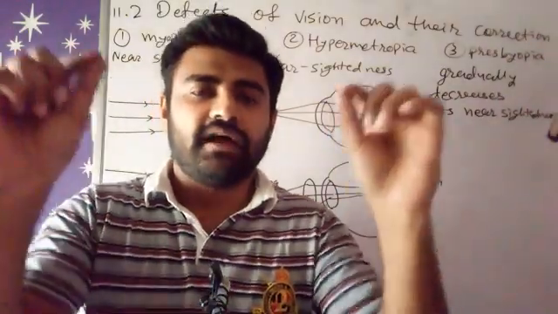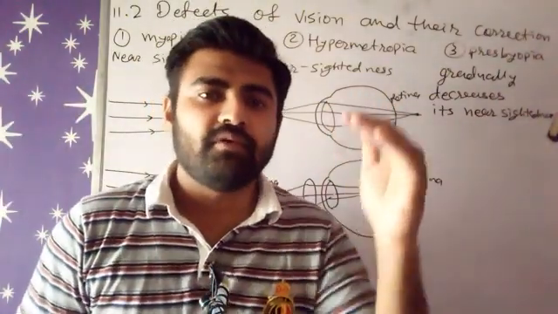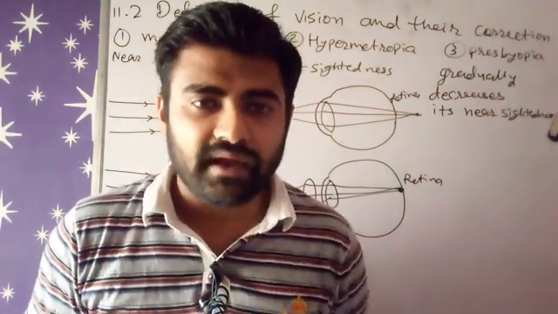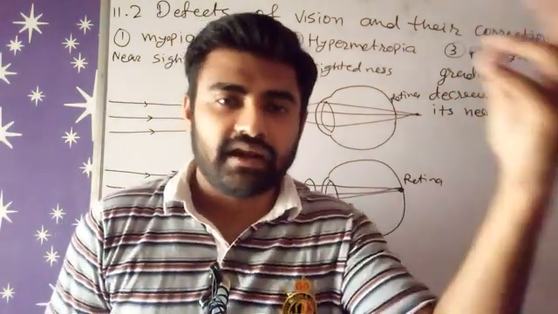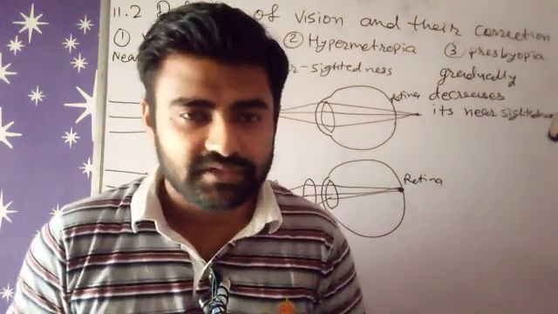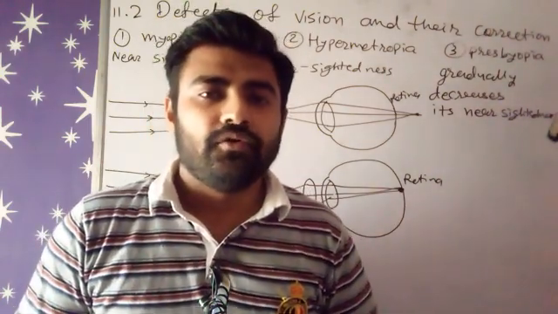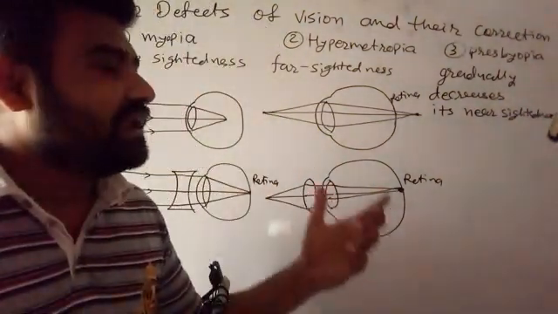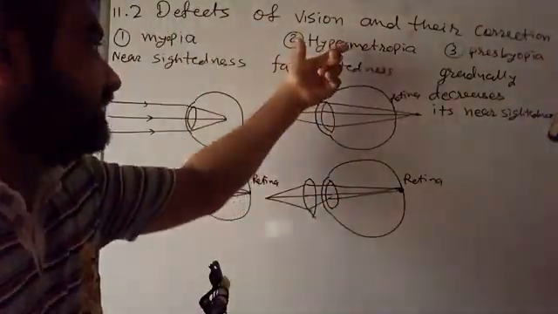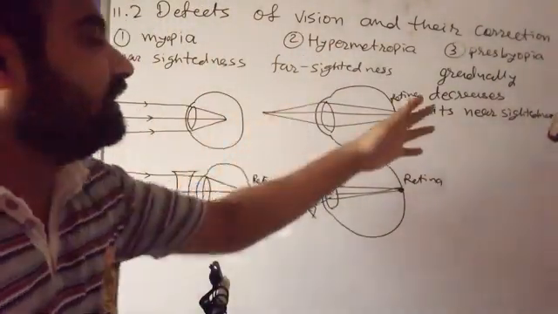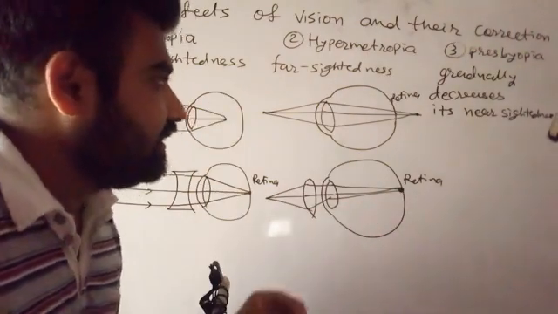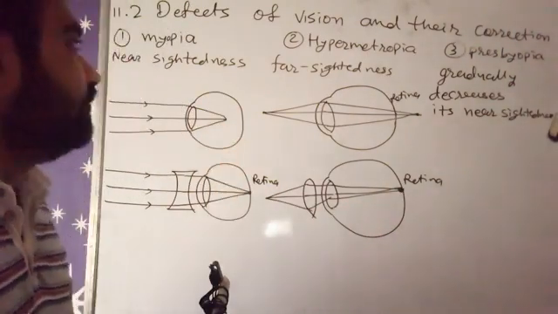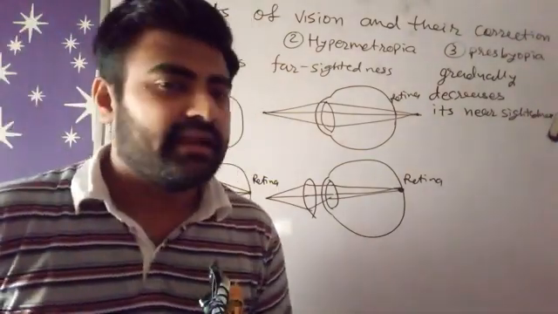Both types of lenses are in one spectacle, and by wearing it they can see farther objects clearly as well as nearer objects clearly. Nowadays there are also many surgeries by which we can correct all these types of defects. So these are the defects of vision and their correction.